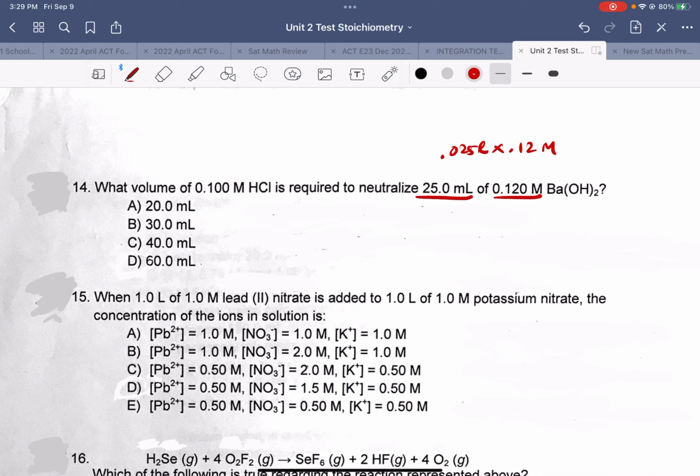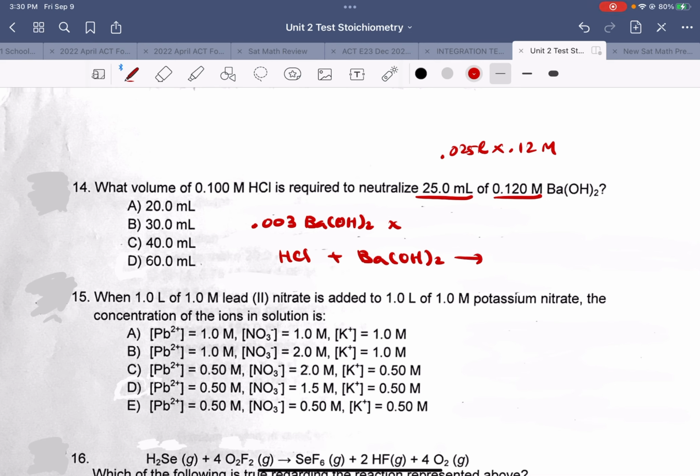When you multiply, you get 0.003 mole of barium hydroxide. Then to neutralize, basically, let's set up the chemical equation first. So HCl plus barium hydroxide.